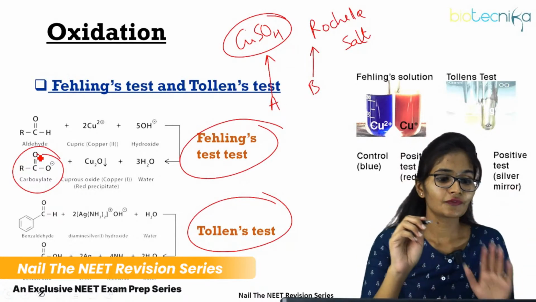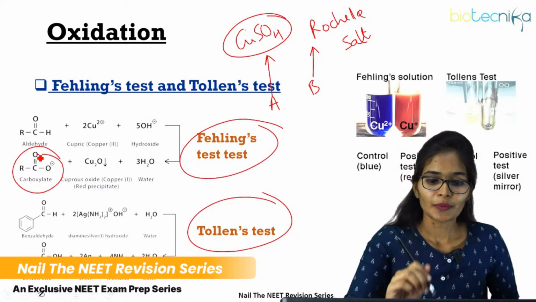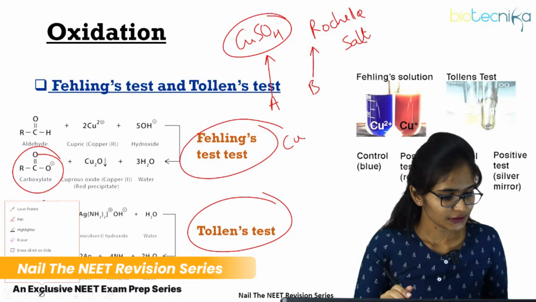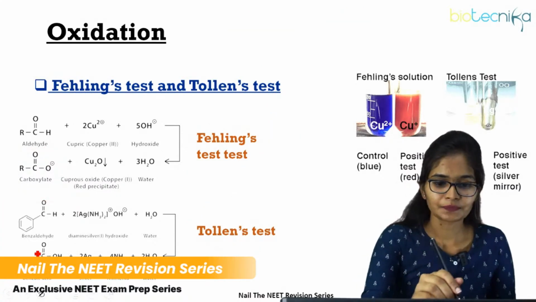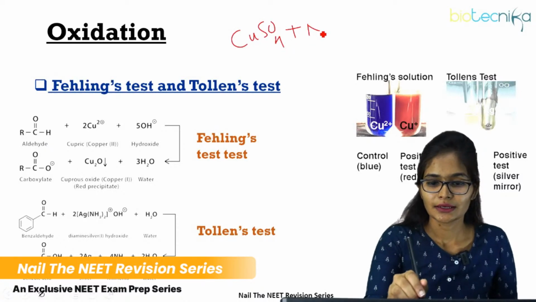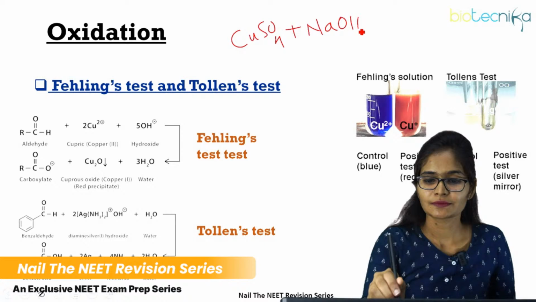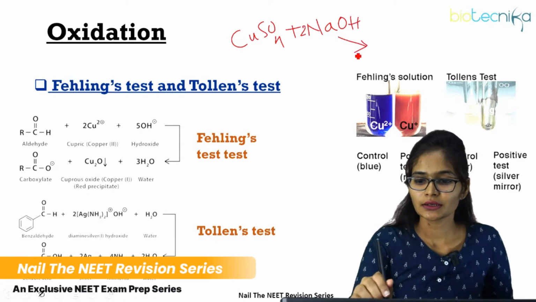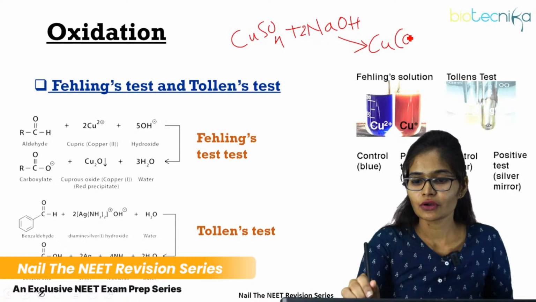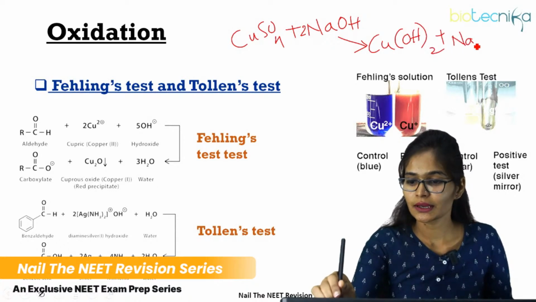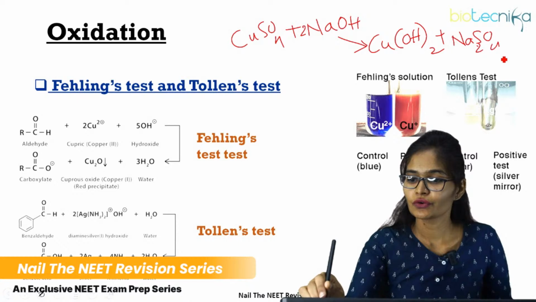Coming to Fehling's test again, what will the copper sulfate do? First it is treated with NaOH base. Just consider 2 moles, and you will get copper hydroxide, along with sodium sulfate, Na2SO4.